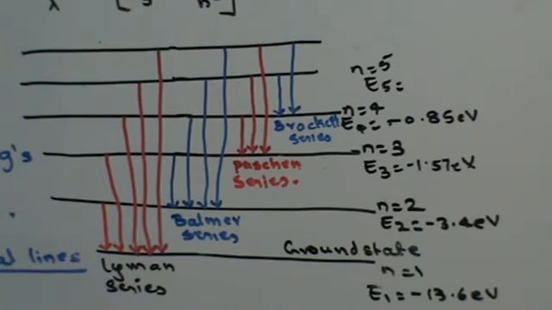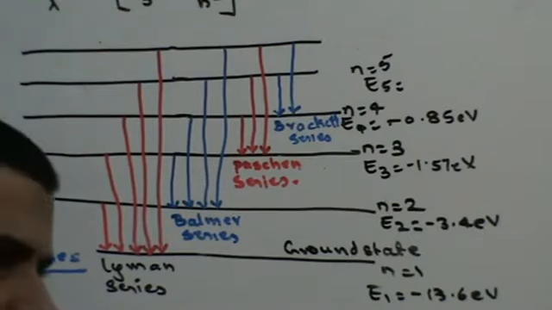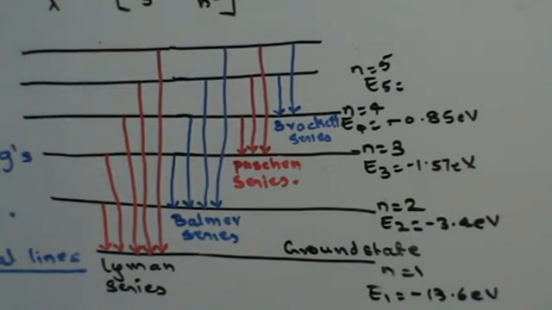Now, once we understand spectral lines, we also understand that when there is a transition of electrons from the outer orbit to any inner orbit, energy is given out, and that energy is given out in the form of a photon. That means the energy is given out in the form of light energy, and that light energy is going to have some specific frequency.